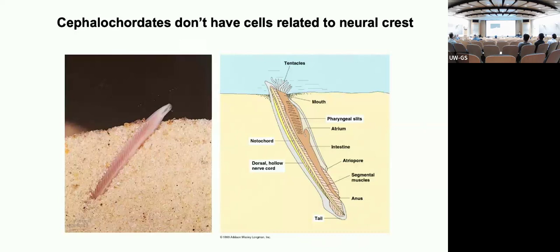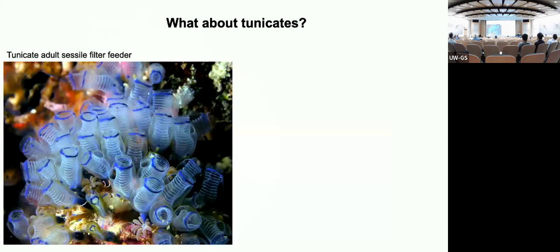Well, here's a picture of a cephalochordate. For the longest time, people thought that this was the relative to the vertebrates. You can see why they might think that. It does have, for lack of a better word, a fish type appearance. I don't know, to me, it kind of just looks like a piece of sashimi stuck in the sand or something like that. But alas, these organisms do not have neural crest-like cells.